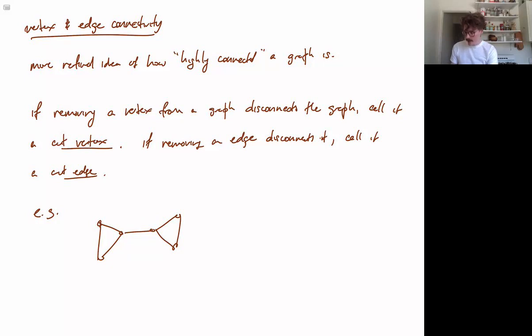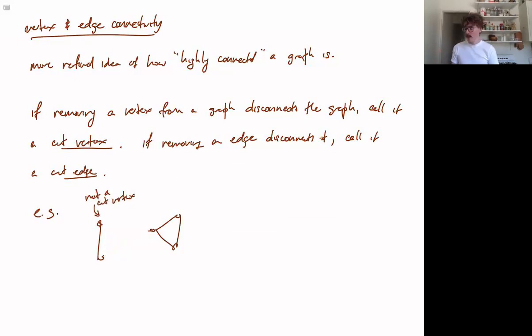So in this graph, for example, we can see that if we cut this vertex off of the graph, it remains connected. So that is not a cut vertex. On the other hand, if we remove this vertex from the graph, now our graph is disconnected.